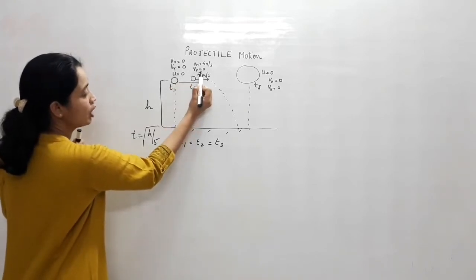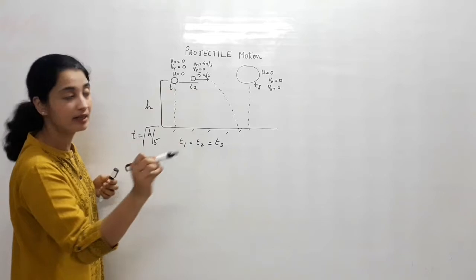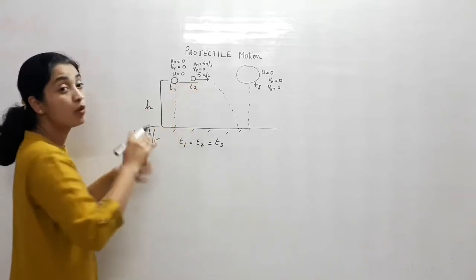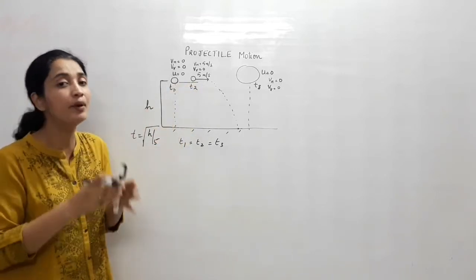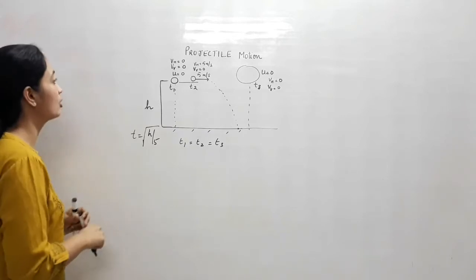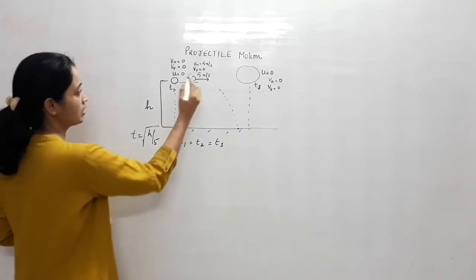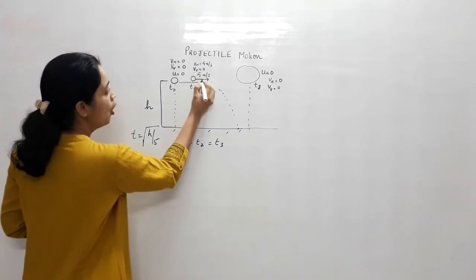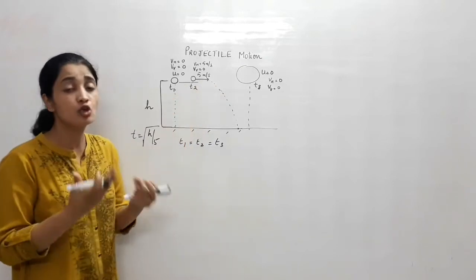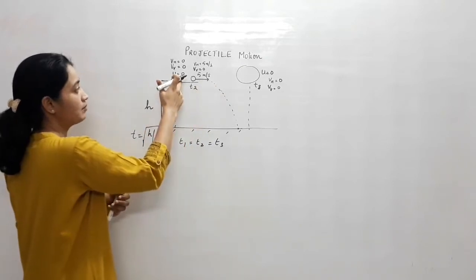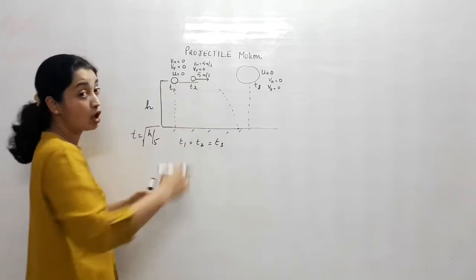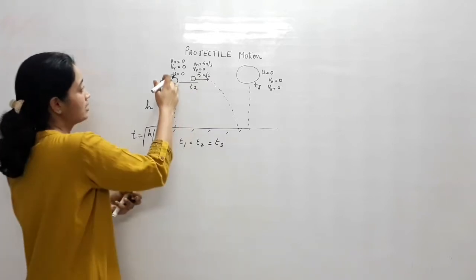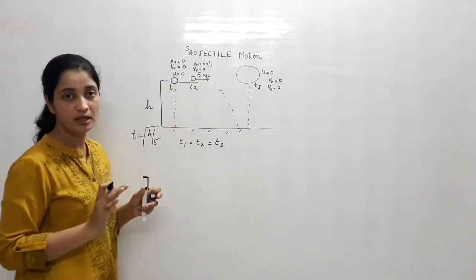It is 0. What is the velocity for the second body in the vertical direction? It is 0. So vertical motion and horizontal motion are independent of each other. This is the fundamental primary concept of projectile motion. Now what is this horizontal velocity doing? You can argue that this body has got some extra velocity, whereas the other is starting from 0. Yes.